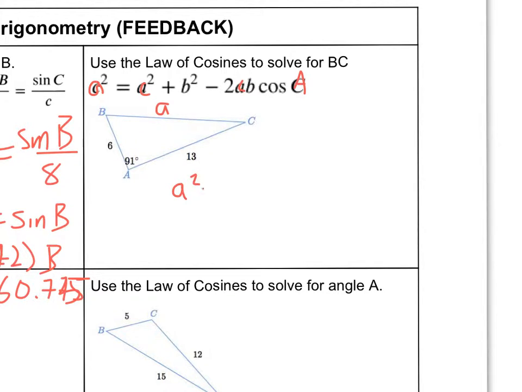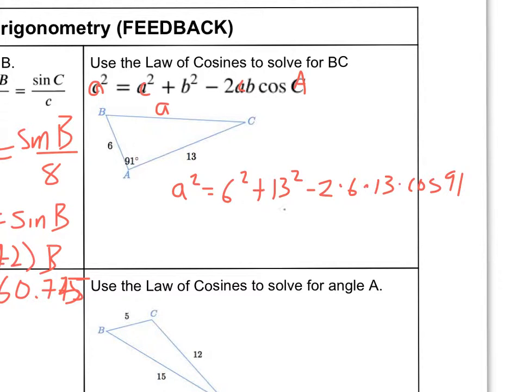So we've got A squared is equal to 6 squared plus 13 squared minus 2 times 6 times 13 times cosine of 91.